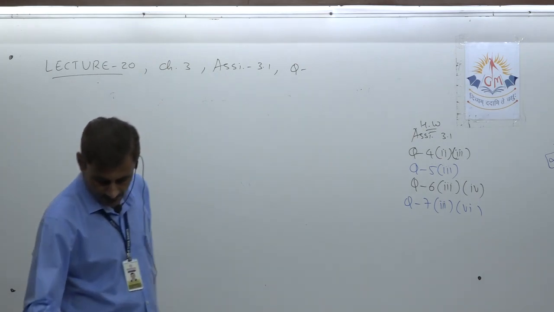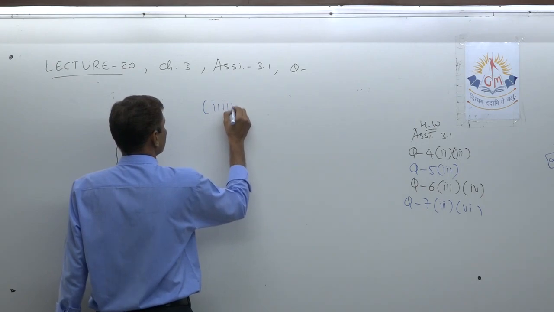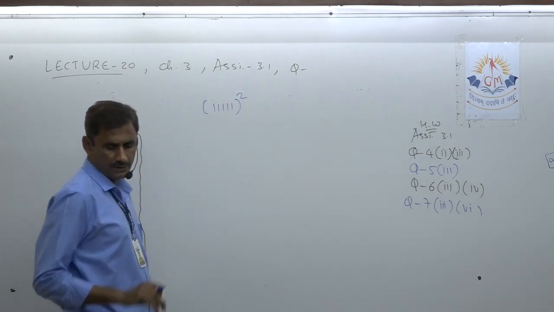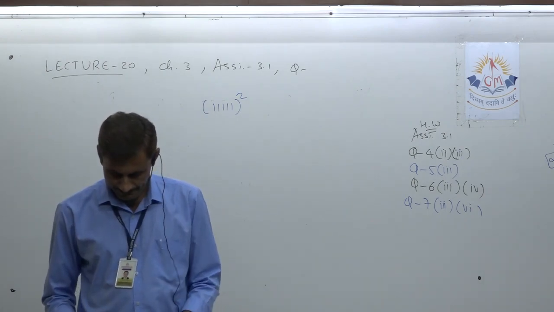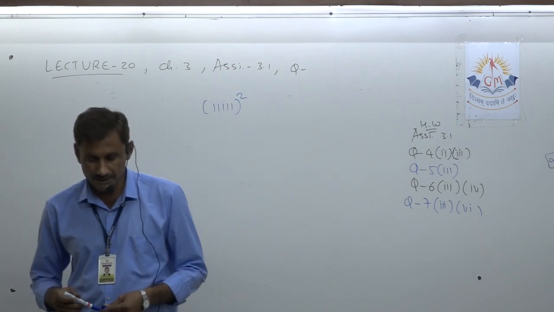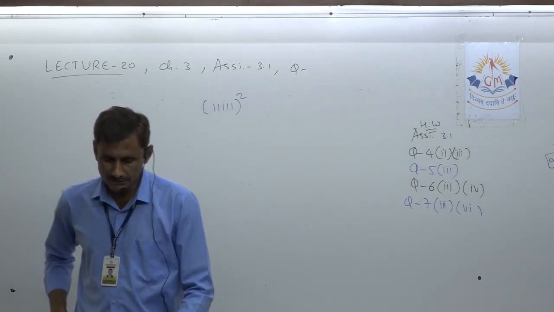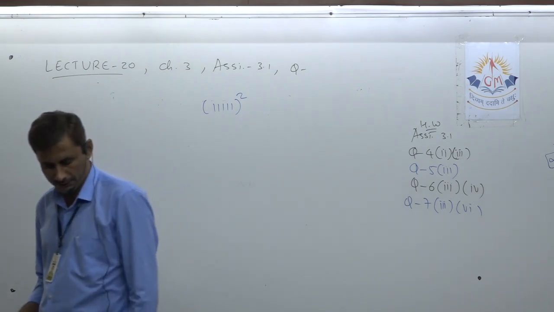They want 1115 times square. Now just come to page number 51. Some interesting patterns are given there.